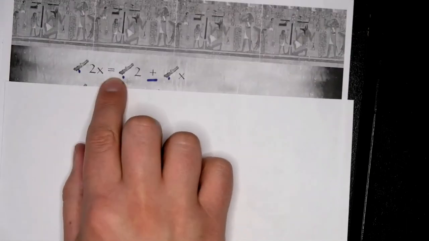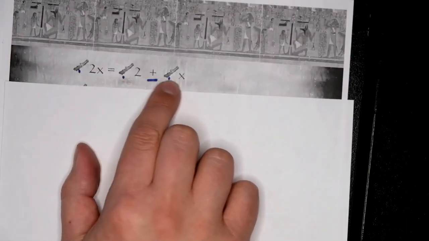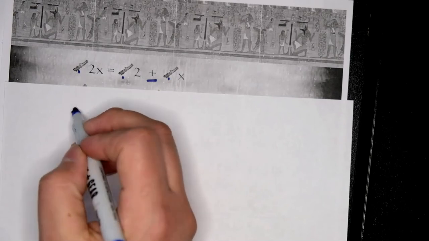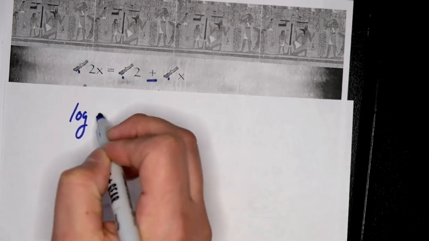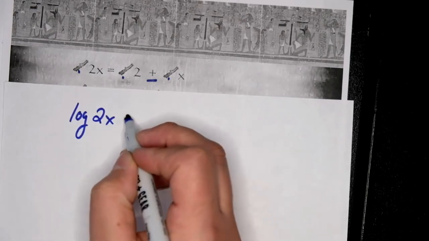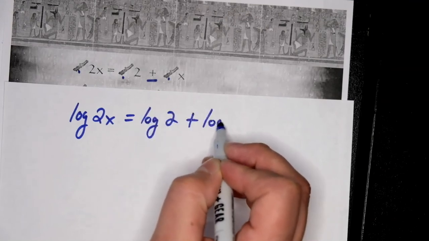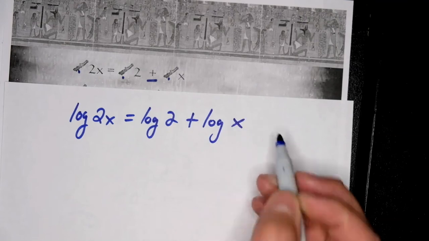So these are what we're going to look at now. Instead of saying 2 bacon or bacon 2x here equals bacon 2 plus bacon x, let's look at it as a logarithm. So if I had, instead of the word bacon, I'm going to substitute it out with log, I could say the log of 2x is equal to the log of 2 plus the log of x.